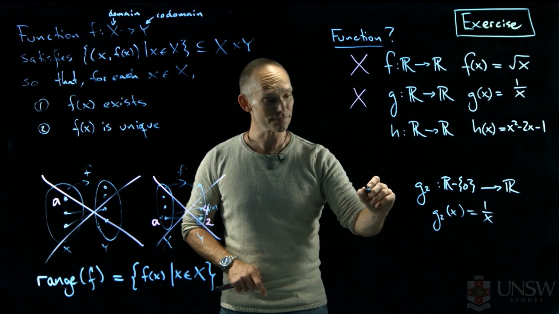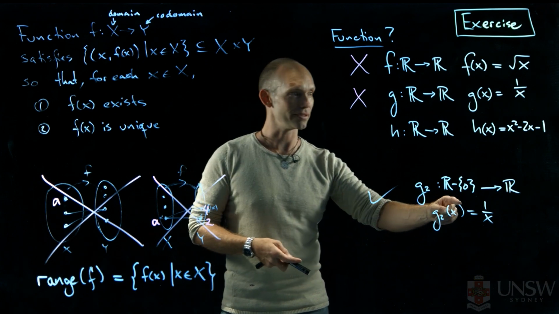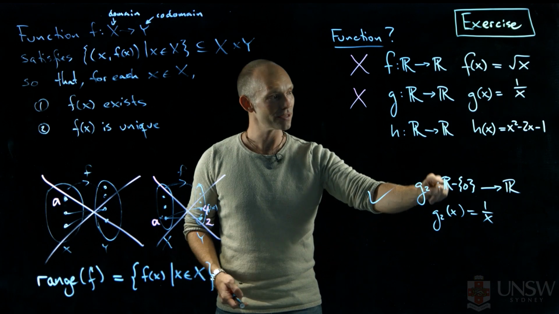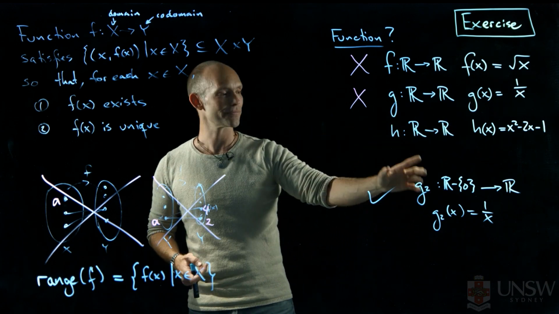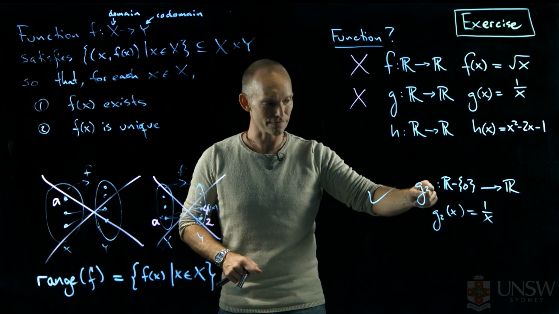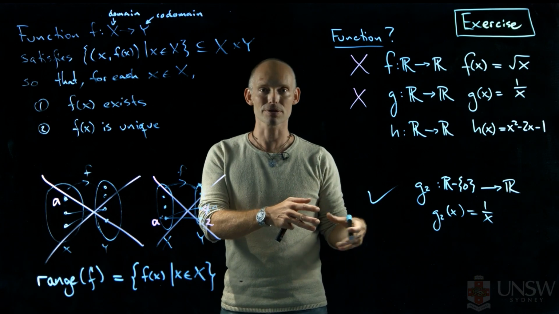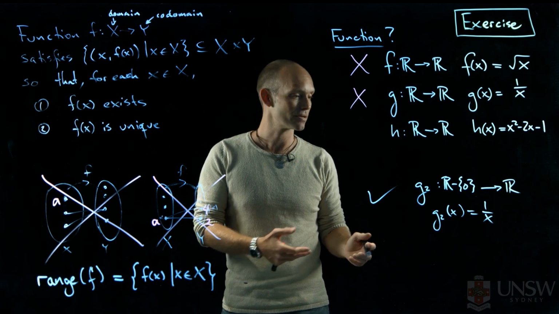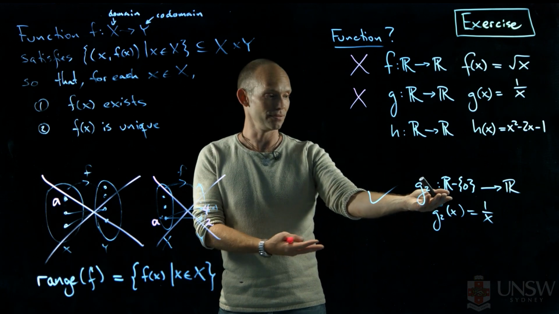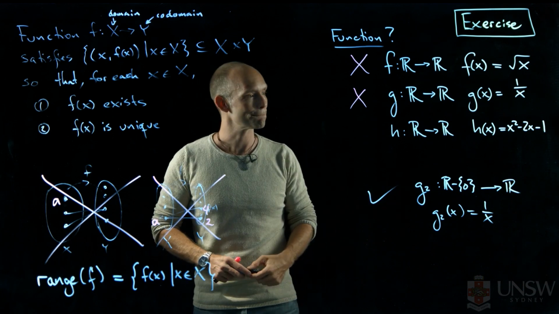Well, now that actually is a function because we've modified it just a little bit. We don't require anymore that we have to try to put 0 into the function. So by changing the domain, we have turned what wasn't a function into a function. So the choice of domain and codomain are rather important here, but they're also possibly somewhat arbitrary. Like here we chose this, here we chose that. We could have chosen maybe the positive integers or something. That would be valid as well.